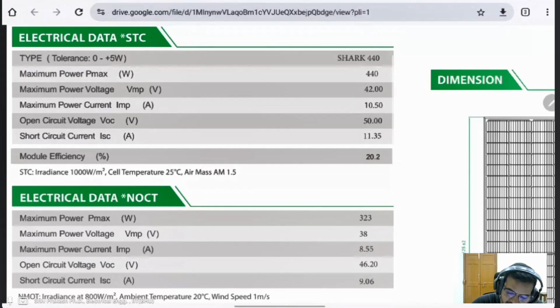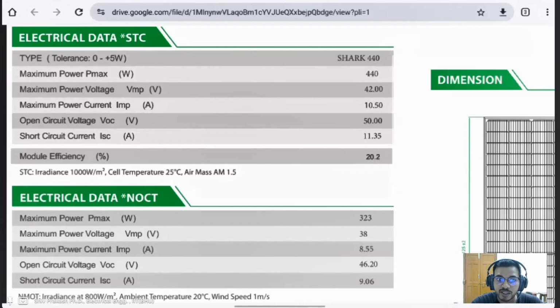Module efficiency is 20.2% at standard condition, irradiance of 1000 watt per meter square and cell temperature of 25 degrees centigrade. But in practical cases it is not the same thing. If you keep a solar panel in sunlight, after some time it will heat up.